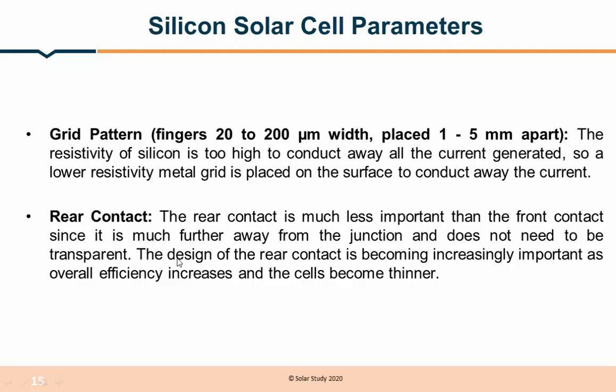We have to place the grid such that overlapping of current does not happen. The resistivity of silicon is too high to conduct away all the generated current. So that's why we have to make it with lower resistivity and place it such that it carries the current in a conductor.